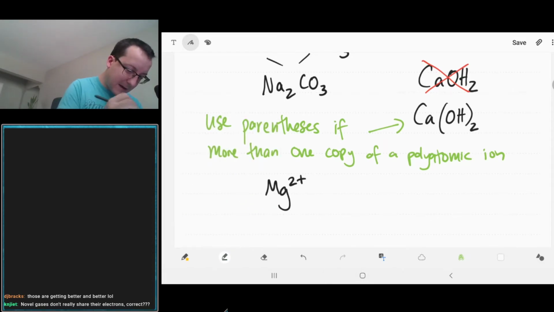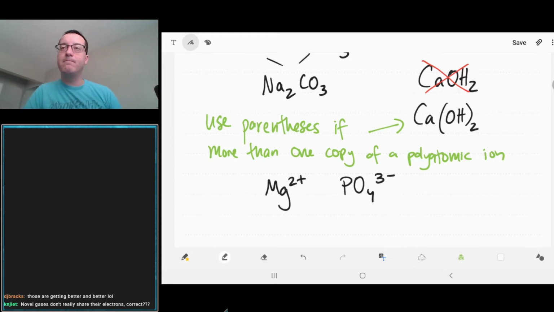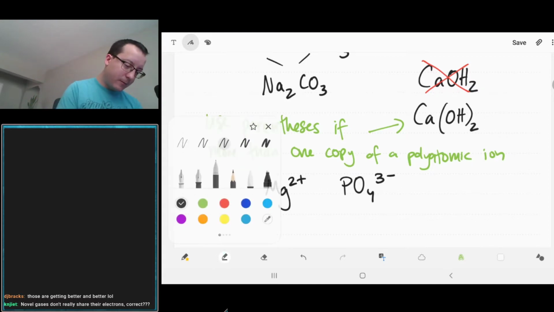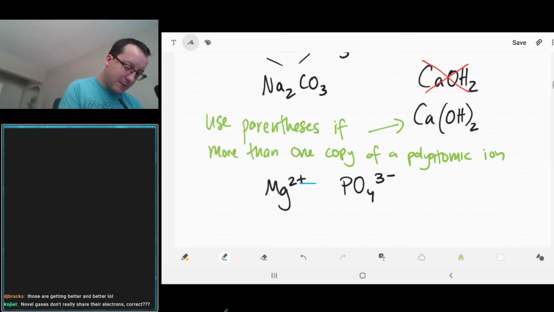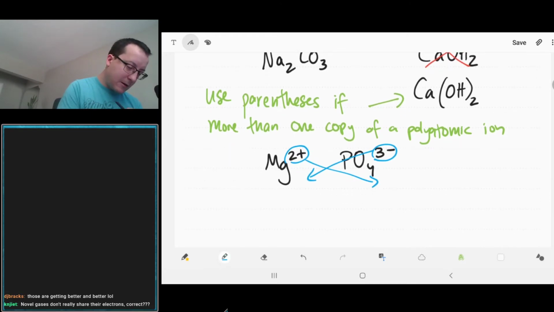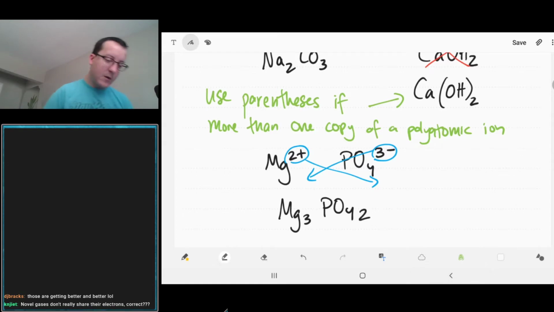So let's take a look at this one now. We can crisscross. If we do that, oops, I've misdone that. Again, we don't want to put 42 oxygens. That would be quite absurd, right?